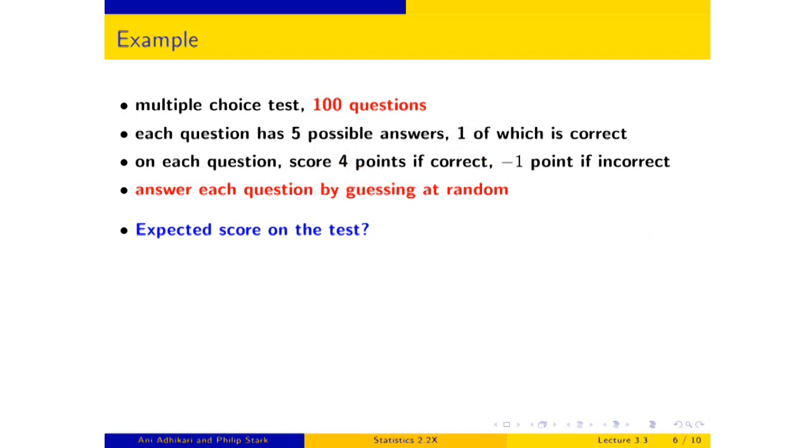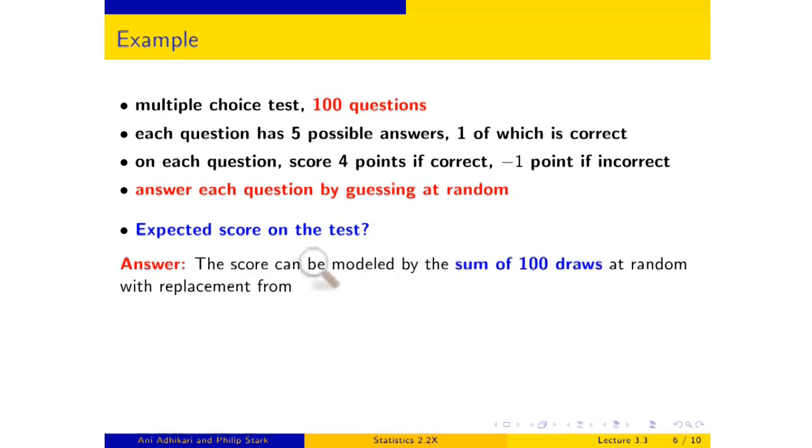And then you have 100 such, and to get your score on the test, what do you do? To get your score on any test, you add up the scores on the individual questions. And so your score on the test can be modeled by the sum of 100 draws made from this box. And let me explain what this box is.